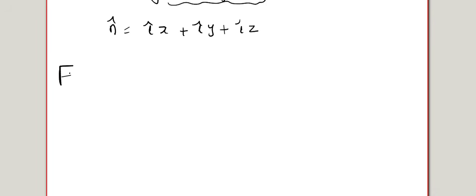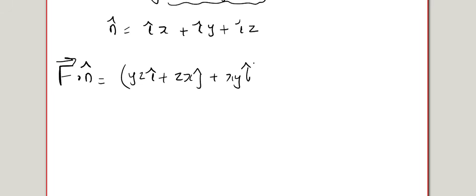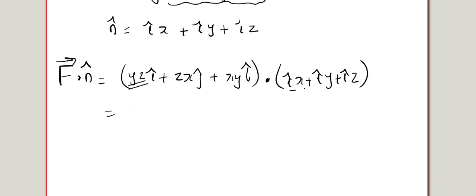Now let's calculate f dot n. F dot n is yz into i plus zx into j plus xy into k dot ix plus jy plus kz, and that gives, you know what to do, right? xyz, xyz, xyz, we get 3xyz.